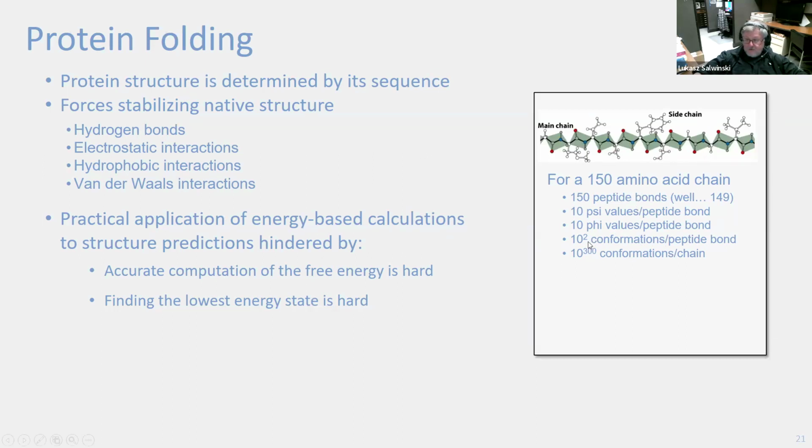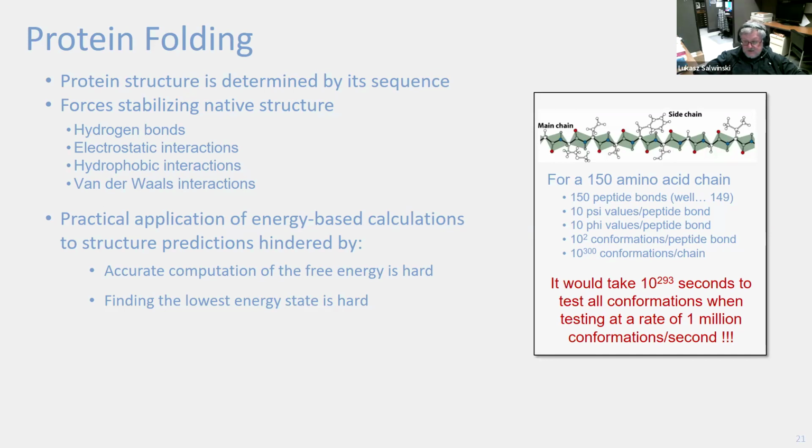So then we've got 100 for the first one times 100 for the second one times 100. Overall, we have 10 to the 300 conformations to check. That's a lot, and this is looking just at the conformations of the main chain. If we tested, let's say, a million of those per second, it would still take 10 to the 93rd.